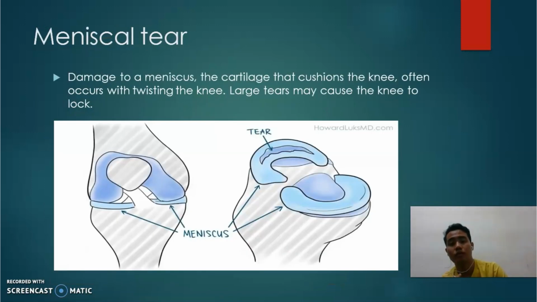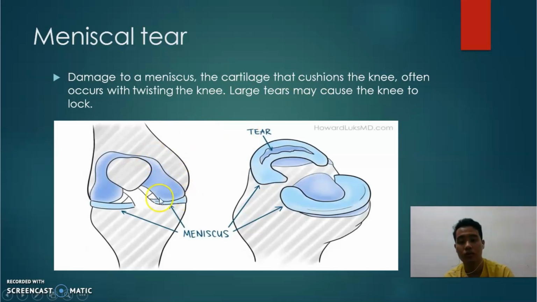Okay, meniscal tear. A meniscal tear is damage to a meniscus that cushions the knee. It often occurs with twisting of the knee. A large tear may cause the knee to lock. So you can see the figure.